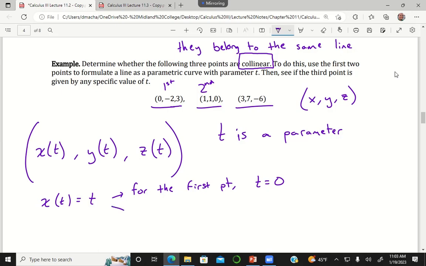And then what this also tells me is that for the second point, t is equal to 1, because my second point, the x coordinate, is 1. And then we'll also say for the third point, t must be equal to 3, right? Because my x coordinate of my third point is 3.